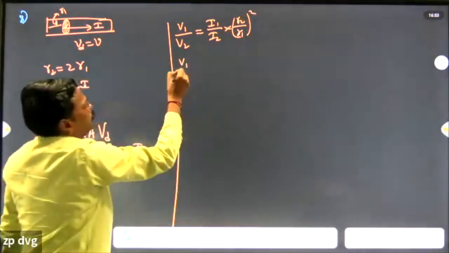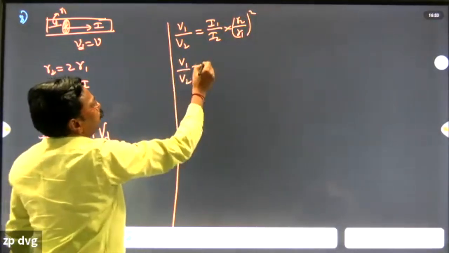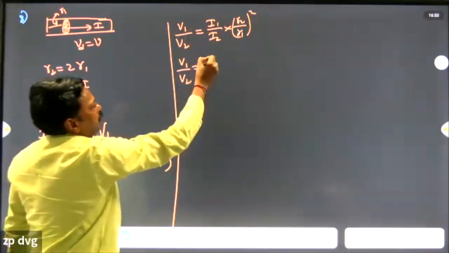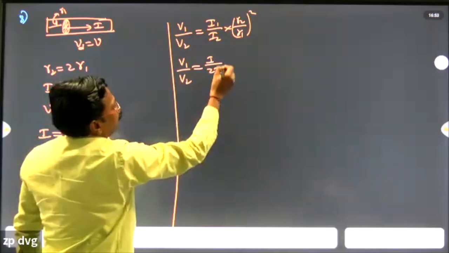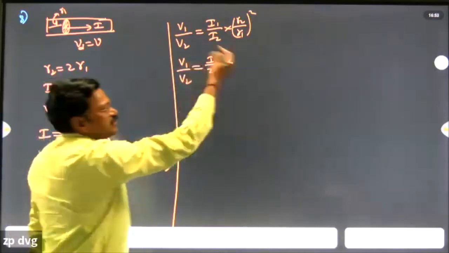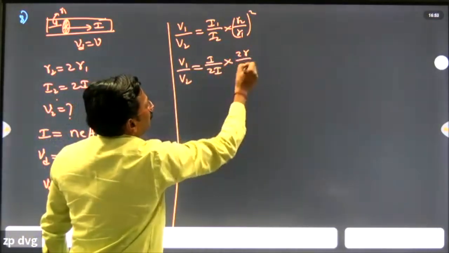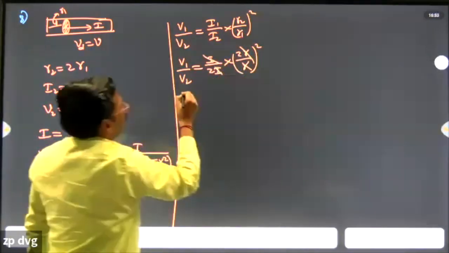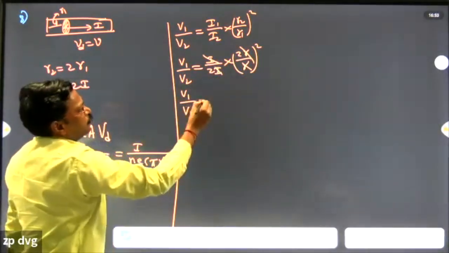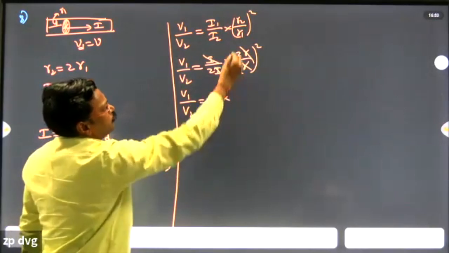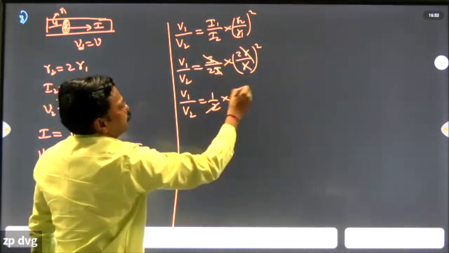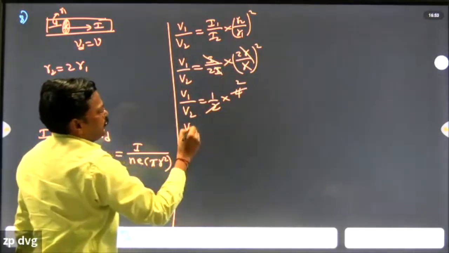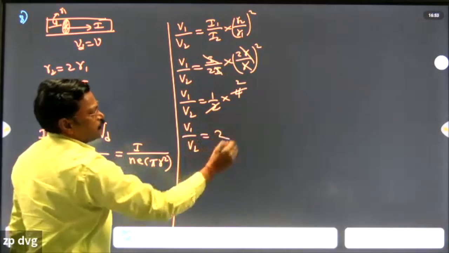So V1 by V2 is equal to, see, current is doubled, that means here it is I and 2I, multiplied by radius doubled, that means it is 2R by R whole square. R let's cancel, I let's cancel. So we have V1 by V2 is equal to 1 by 2 into 2 square, which is 4. If you simplify, we obtain V1 by V2 is equal to 2.